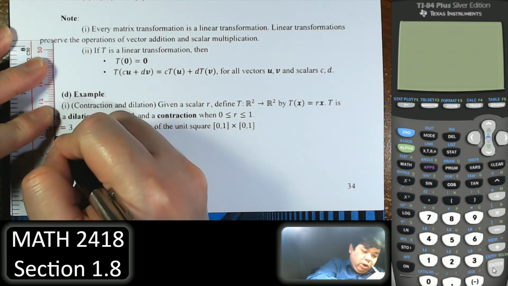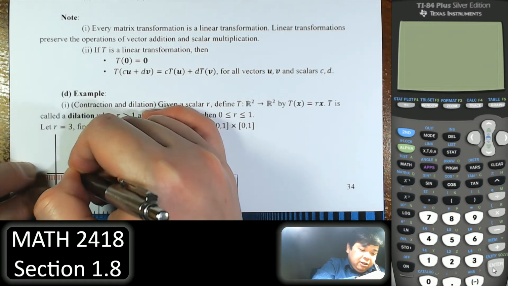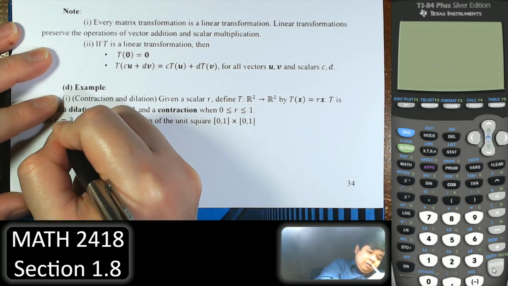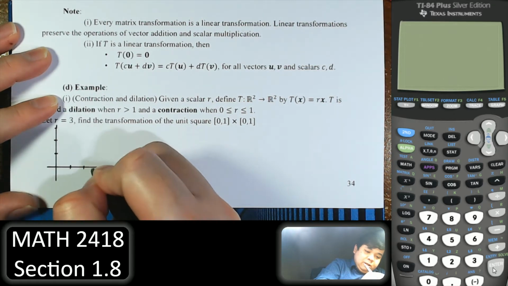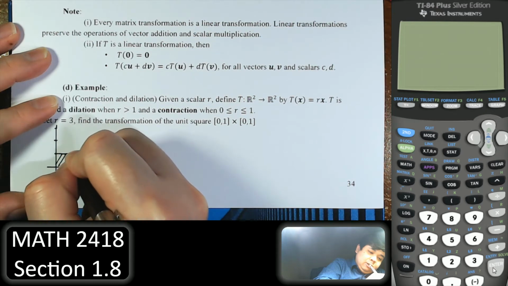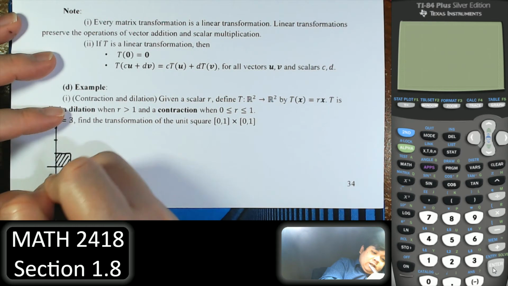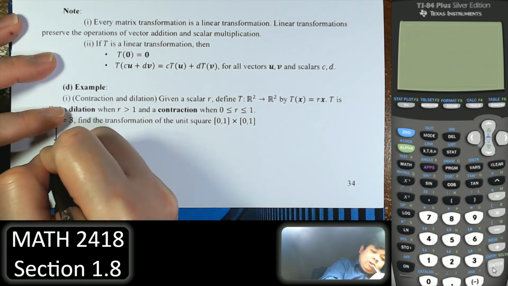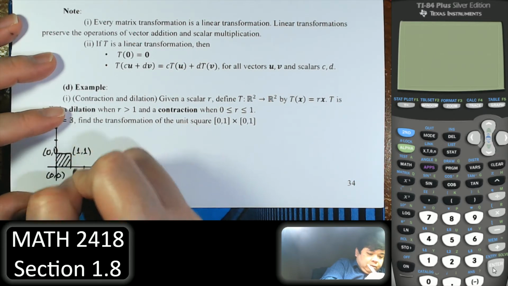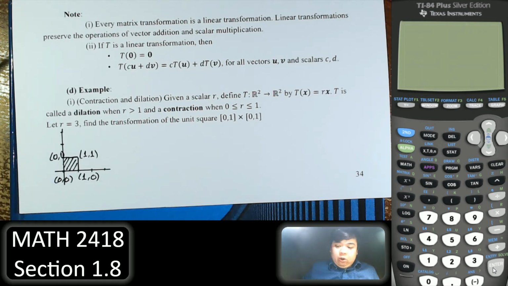So the unit square means that is the unit square. The coordinates 0, 0, 0, 1, 1, 1, and 1, 0, and we find the transformation of that when r equals 3.